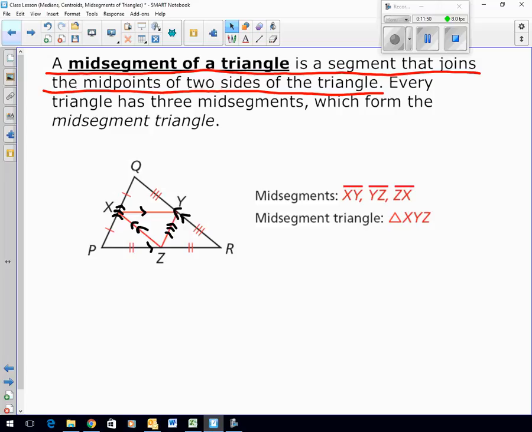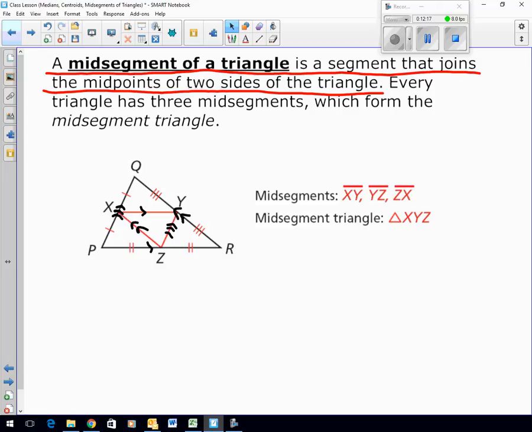So first thing I would do if I put this in a coordinate plane, I would find the coordinate points P, Q, and R. Just plot the points. I then take my midpoint formula and find the midpoint of PQ, the midpoint of QR, the midpoint of RP: X, Y, and Z. And then use my slope formula to check the slope of XY and compare it to PR.